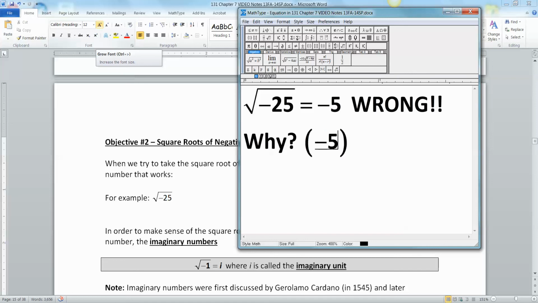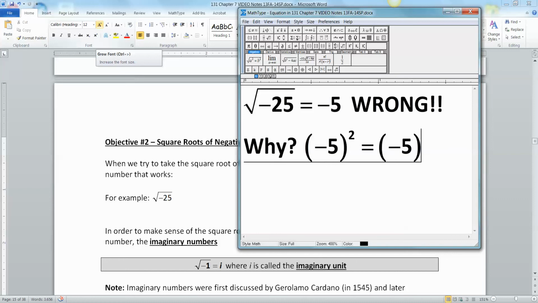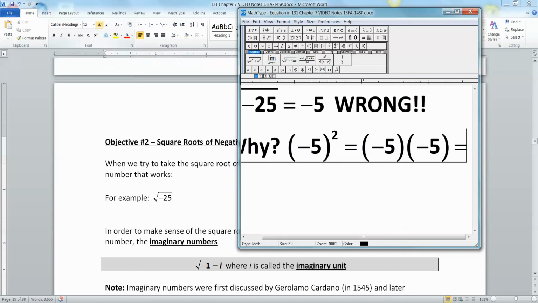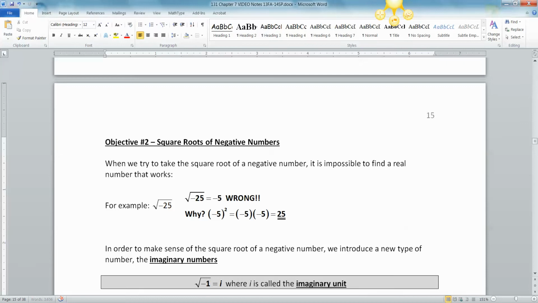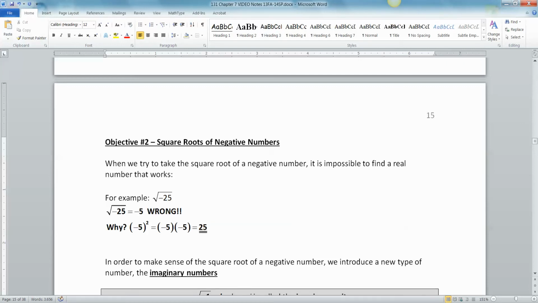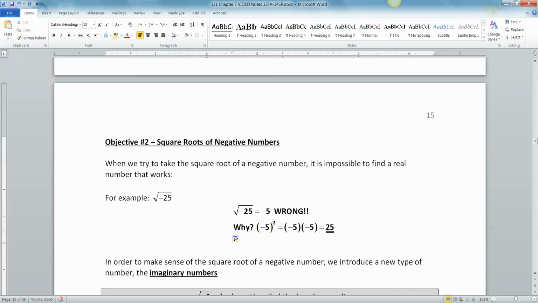If you take negative 5 and square it, you're multiplying it by itself. So you take negative 5 times negative 5. But a negative times a negative like that is positive, right? Not negative. So that's not going to work, unlike what most people really want to believe. So you can't take the square root of a negative number in the real number system.